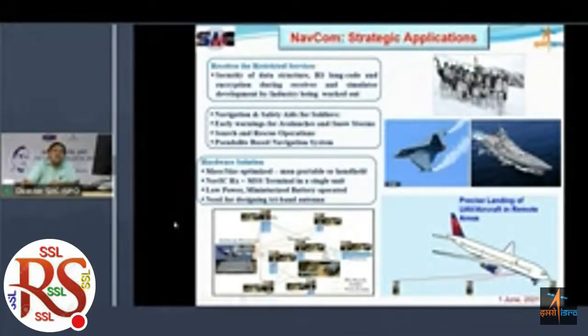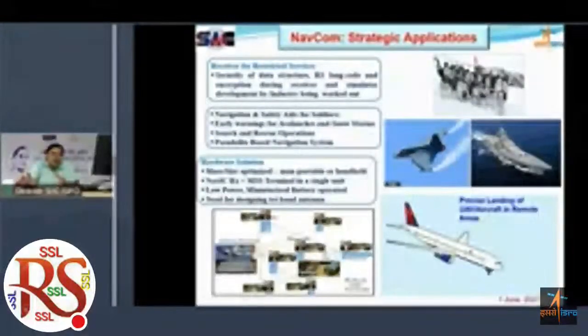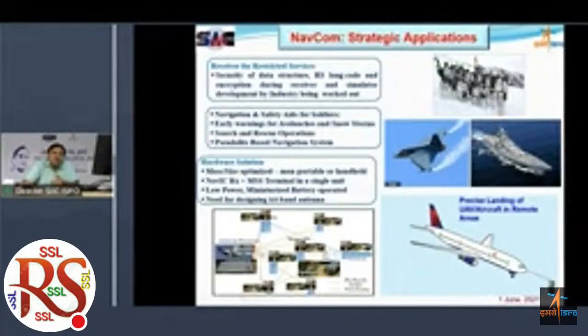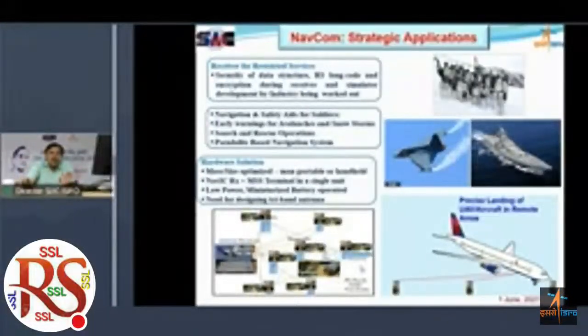Similarly, there is something called the pseudolite system that is also part of the navigation system. Wherever aircraft in remote areas, say the northeast or northern parts in Jammu and Kashmir, where there are hilly terrains, if we want our fighter aircraft or small planes to land, airports are not there. There is no runway like you have in Ahmedabad or Delhi or Bombay.